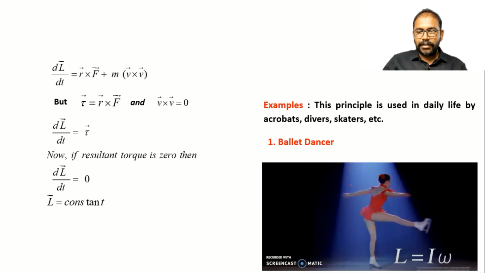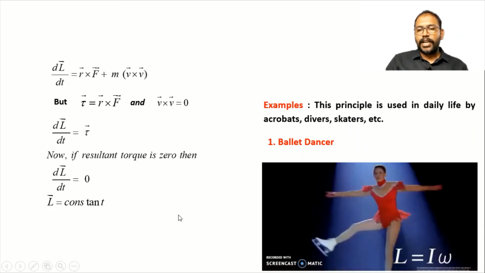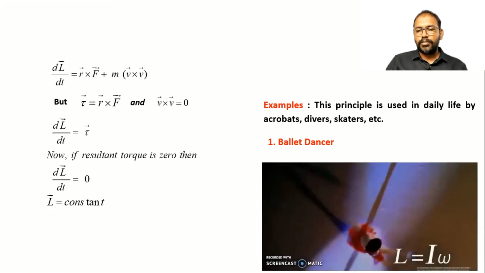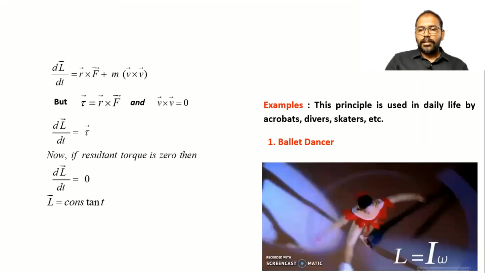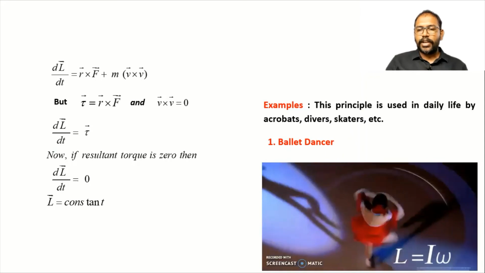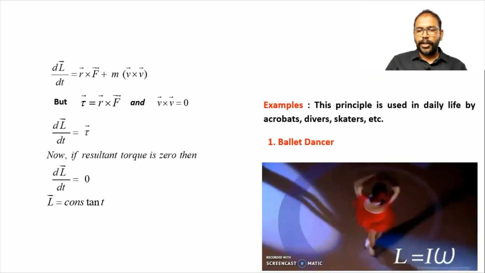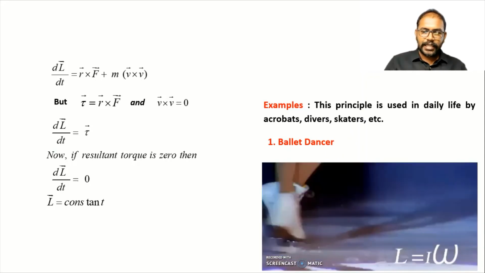You can see in a video, I'm playing this. Initially the moment of inertia of the body is larger, and the speed of rotation is smaller. But as suddenly the dancer folds her hands, you can see the change in the speed of the body. Why does speed increase?